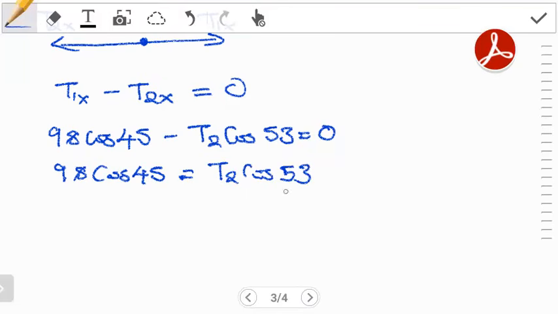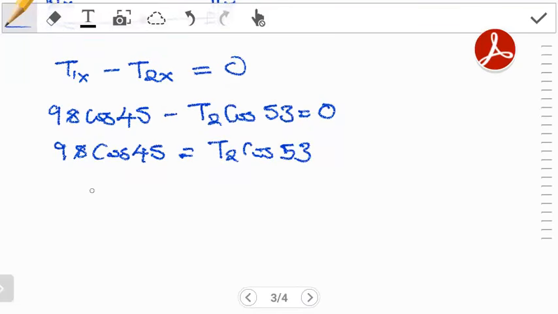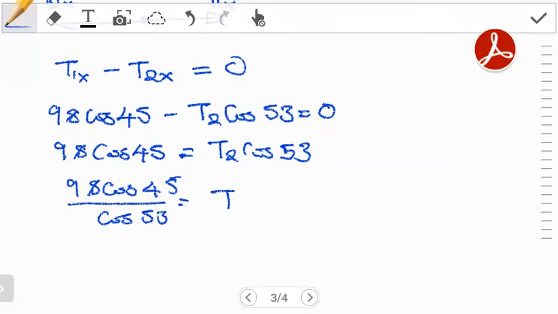Then here, divide both sides by cos 53. Now we have 98 cos 45 over cos 53 is equal to T2.